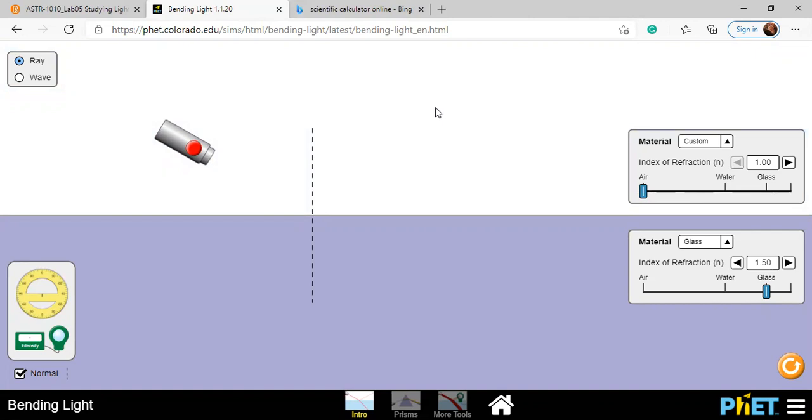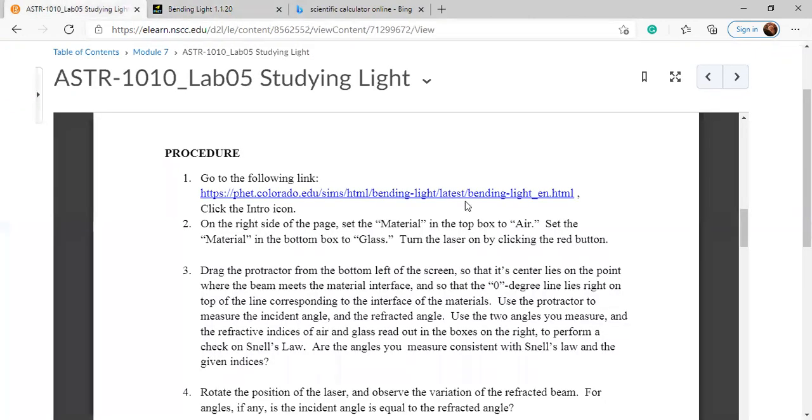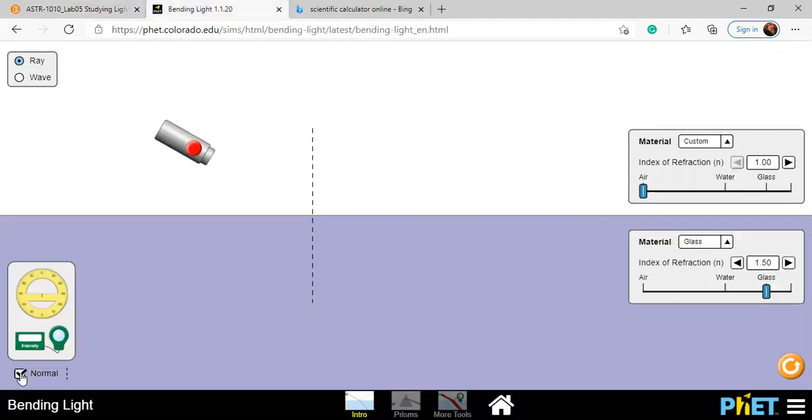So what are the things you need to do? Just do the setting things. This is the normal line. You have to put the normal. You can move this one up and down, up and down. You can hold it and move up and down.